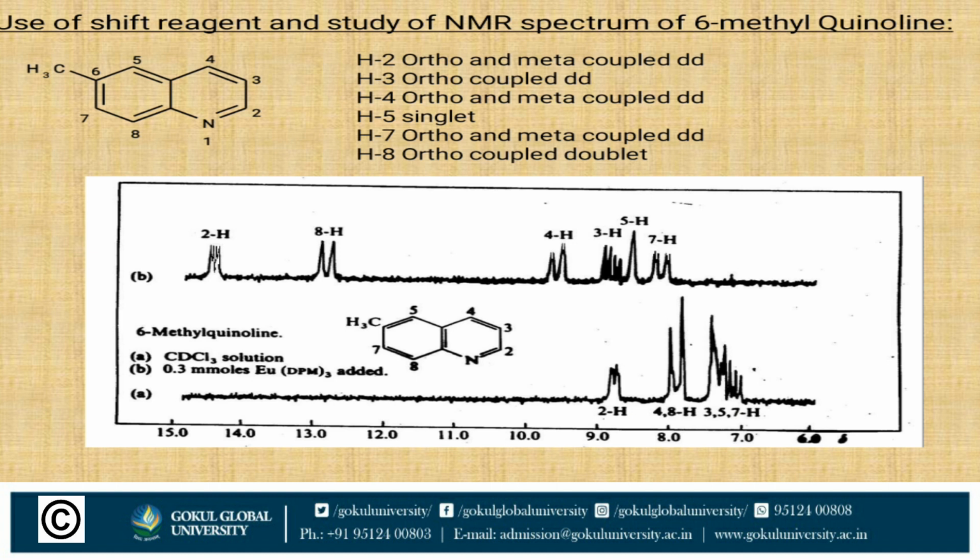In 6-methylquinoline, H2 has ortho and meta coupled doublet, H3 and H4 are doublets, but H5 has a singlet. The neighboring protons have a singlet where there are no neighboring protons, then the signal is a singlet. Now we show the spectra of 6-methylquinoline.